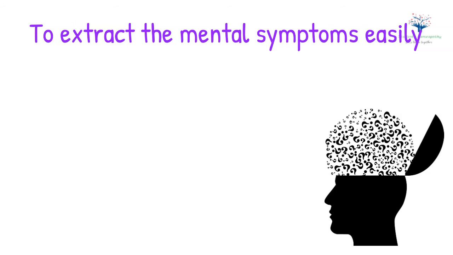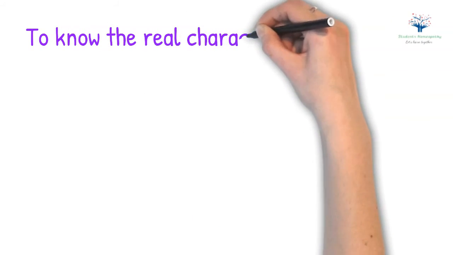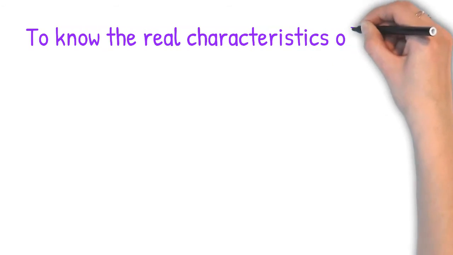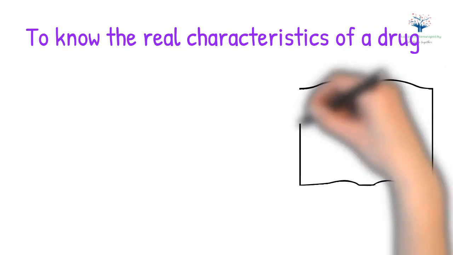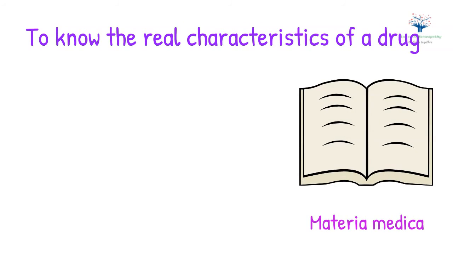Next, the knowledge of temperaments can help a homeopath to know the real characteristic of a drug. As we have already mentioned, in many drugs of our Materia Medica, it is mentioned that this or that drug is adapted or suited or works well in specific temperament or temperaments. So, without the knowledge of temperaments, the Materia Medica knowledge is also incomplete.